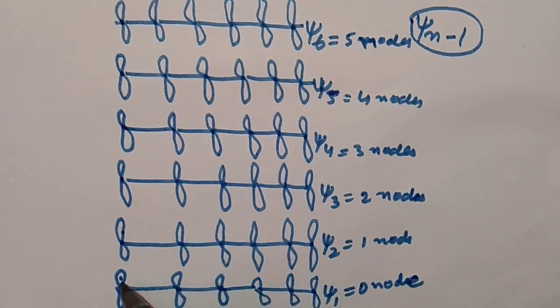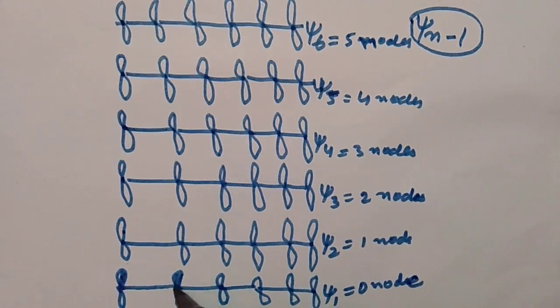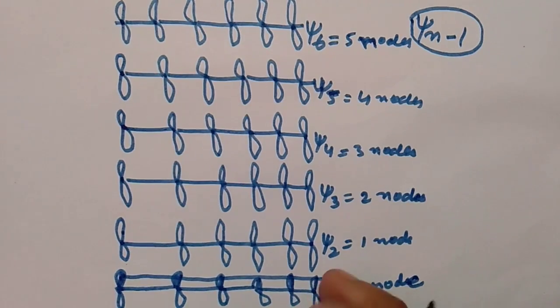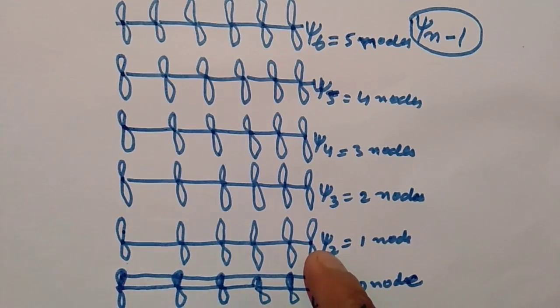In psi 1 there is no node. In psi 2 there is one node.